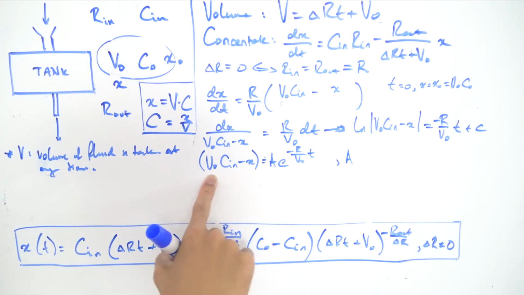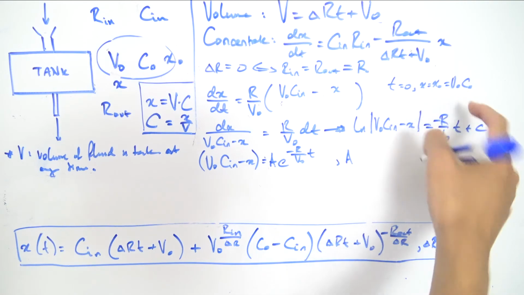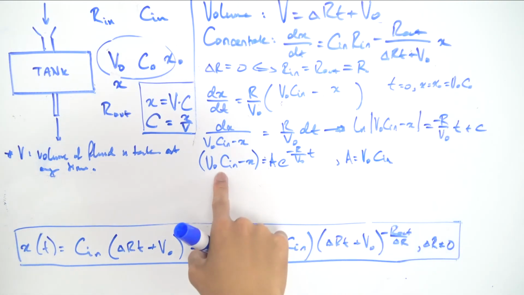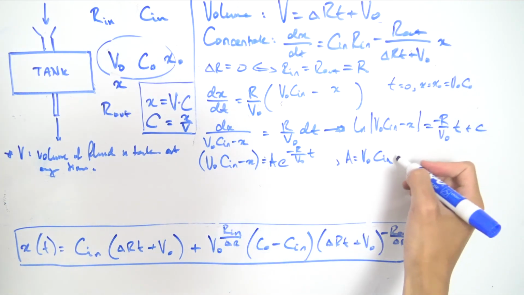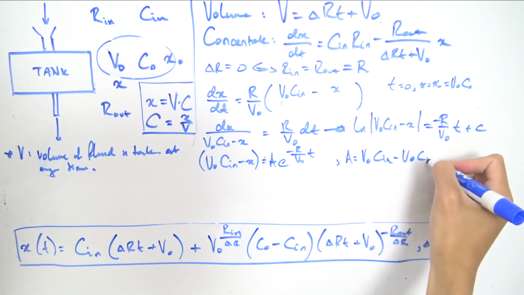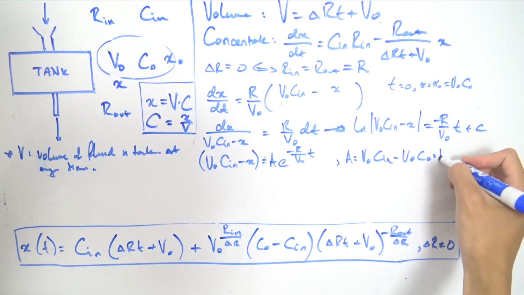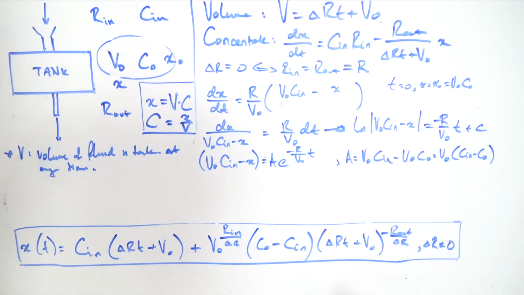And then as for the left hand side, this x will turn into v naught times c naught. So a is equal to v naught cn over here, and then minus this x, which we want to be v naught c naught. So minus v naught c naught. And as you can see, we can factor out v naught. So a is equal to v naught, and then cn minus c0, like so.